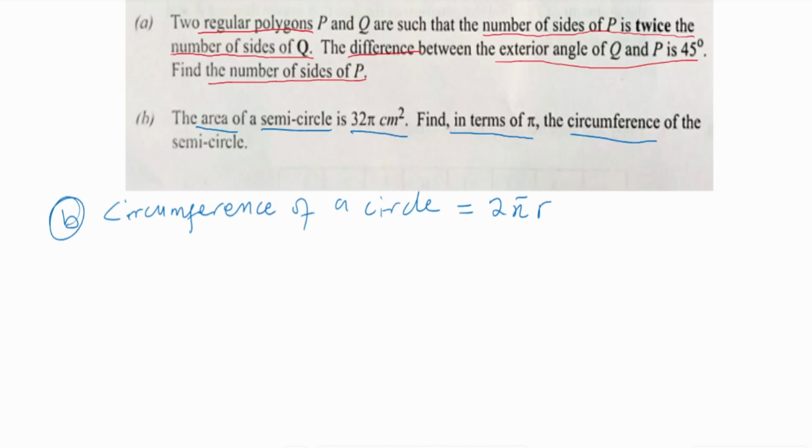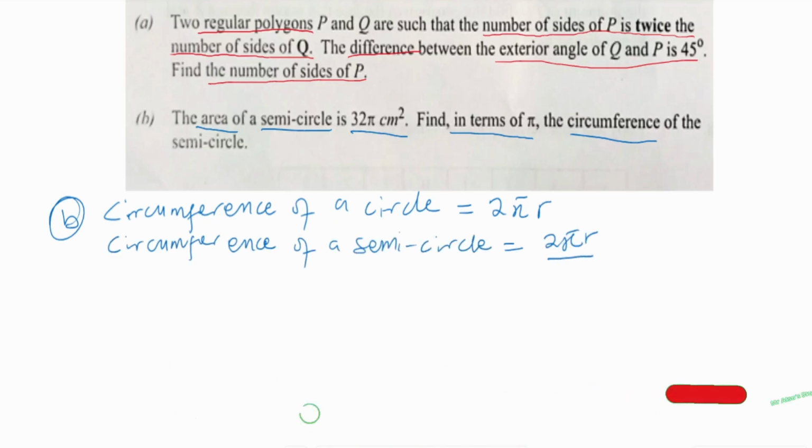And if that is 2 pi r, then half of that is just going to be, let me write that properly, circumference of a full circle divided by 2. And that will give us pi r, right? Good.